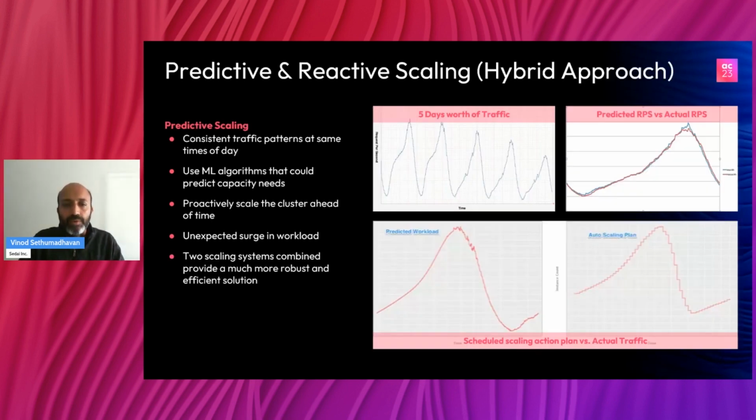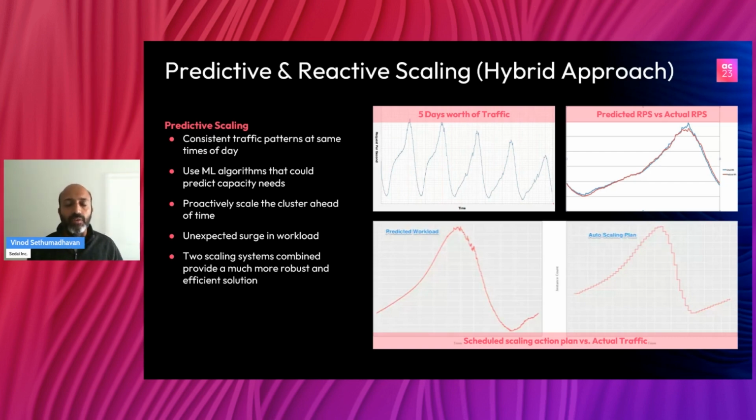So in this hybrid approach, we see an example here where Sedai is looking at the patterns, and it is showing 5 days' worth of traffic in the first screenshot. You can see that there's a day-night variation in load, and it's pretty consistent, slowly tapering off.